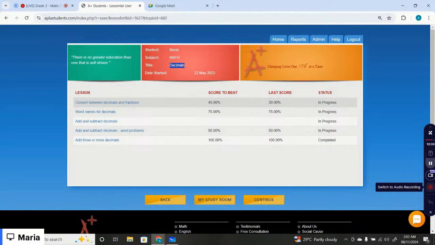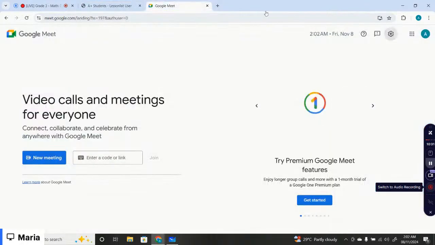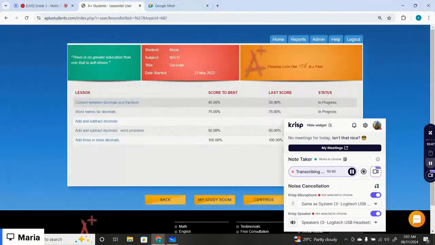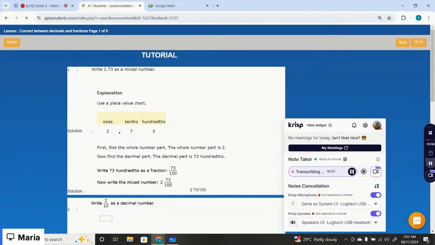Let's start with the first lesson, convert between decimals and fractions.